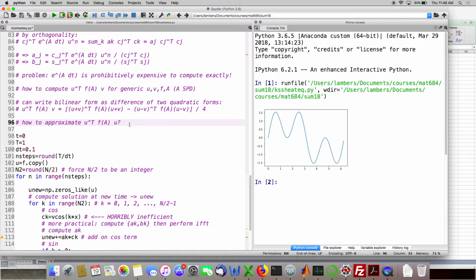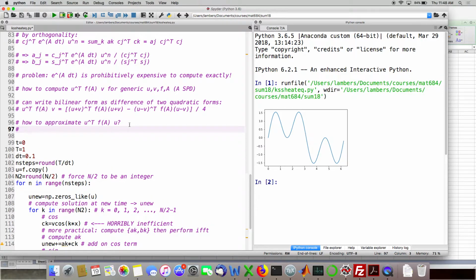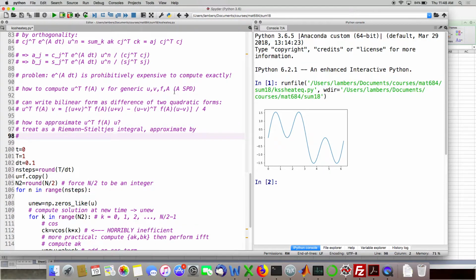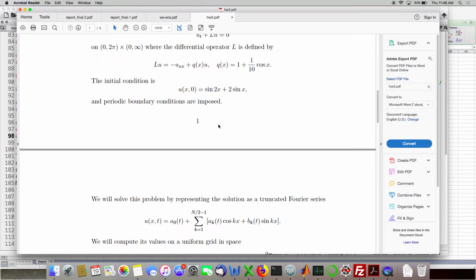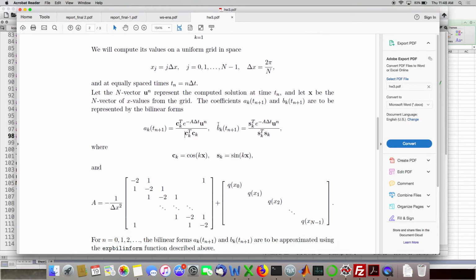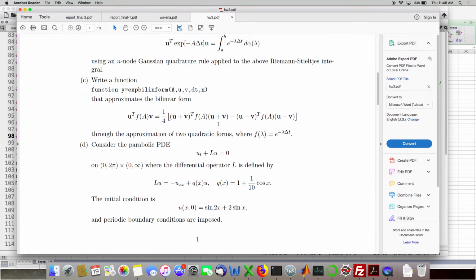So what's done is we treat it as what's called a Riemann-Stieltjes integral, and we approximate by Gauss quadrature. So what's happening here? Do I have that in this document?